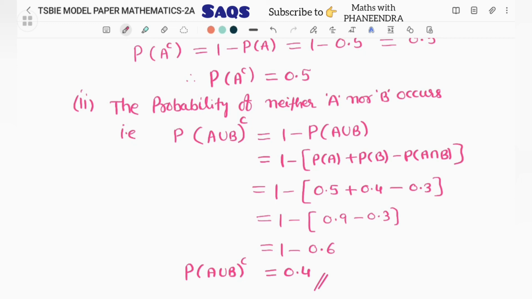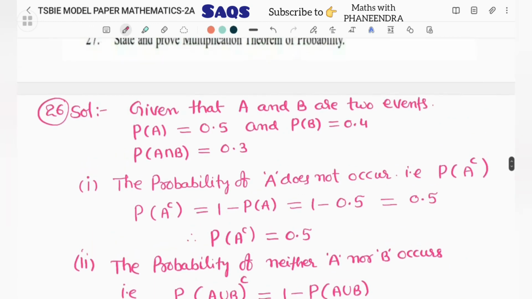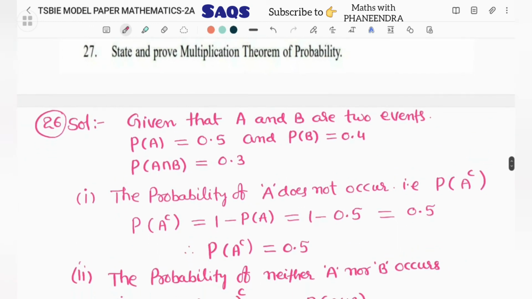After that, the last question in this question paper, we have the multiplication theorem. So the last question: state and prove the multiplication theorem on probability. So very important, a 4 marks question, sometimes we may expect it for 4 marks also.